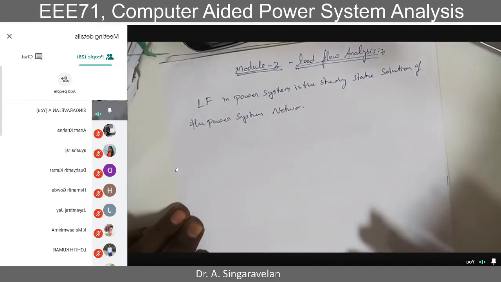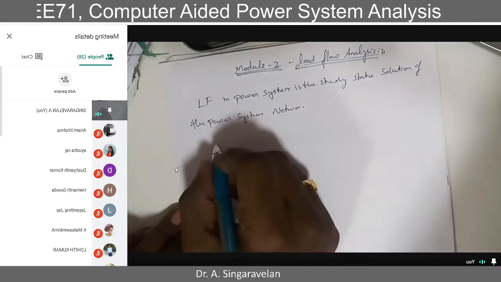Okay, so what can we get from this load flow analysis? What can we obtain?